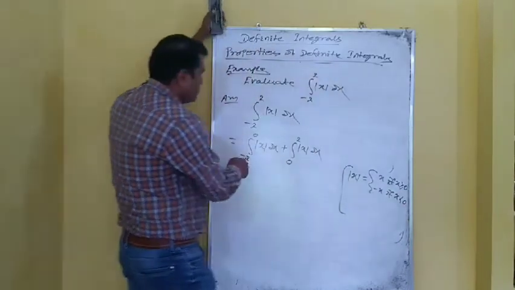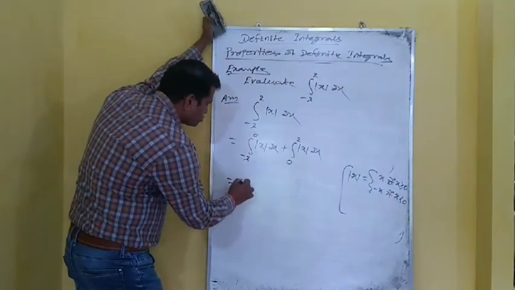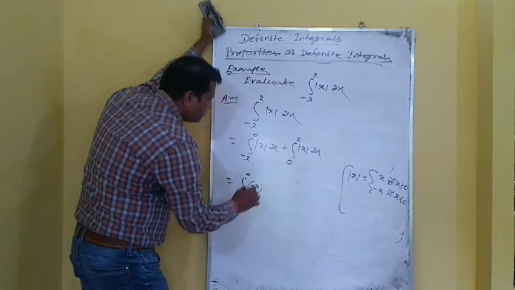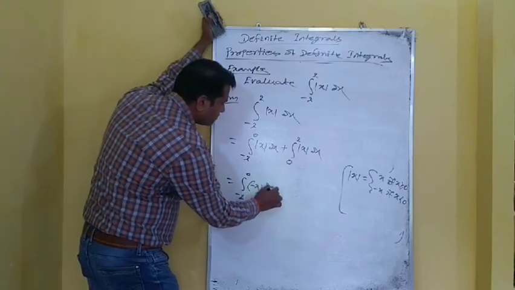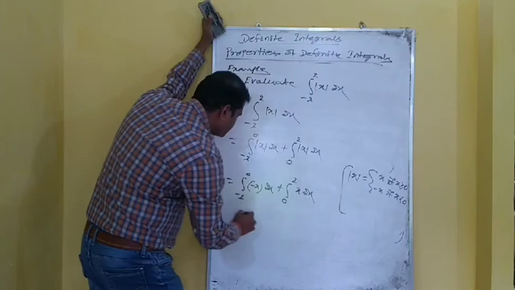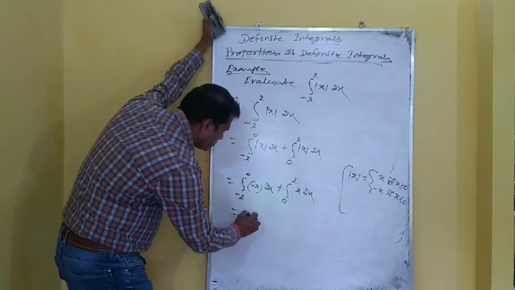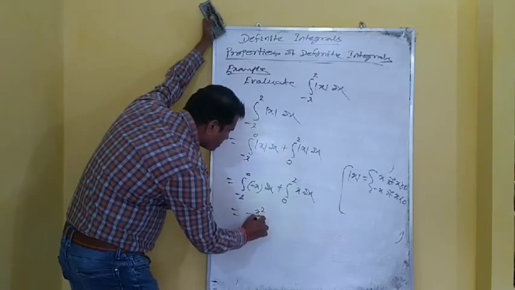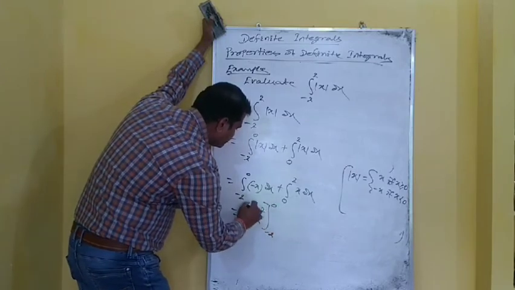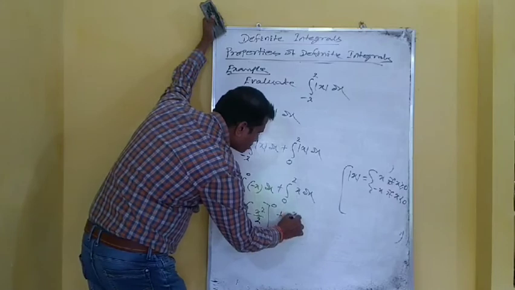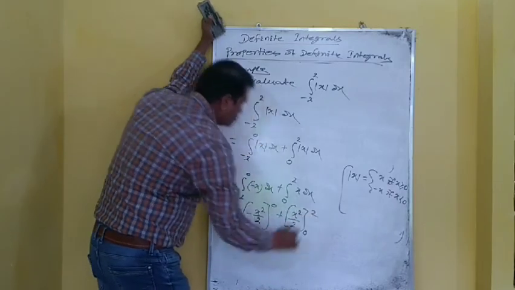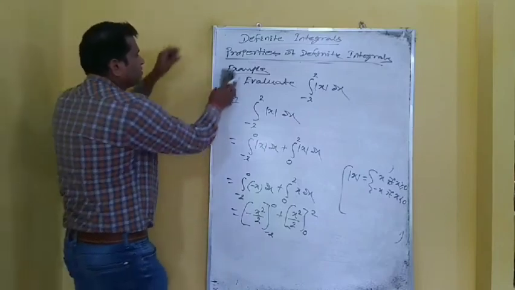So here, from minus 2 to 0, the value of mod x is minus x dx, plus the integral from 0 to 2 of x dx, that equals minus x square by 2 from minus 2 to 0 plus x square by 2 from 0 to 2.